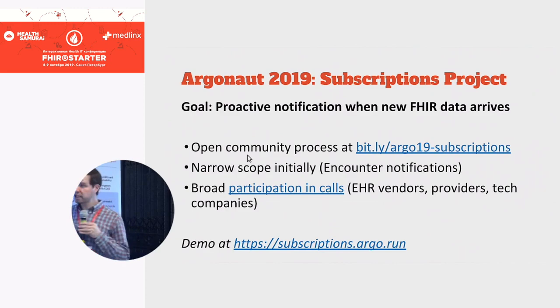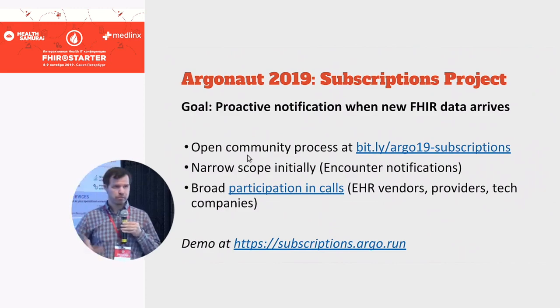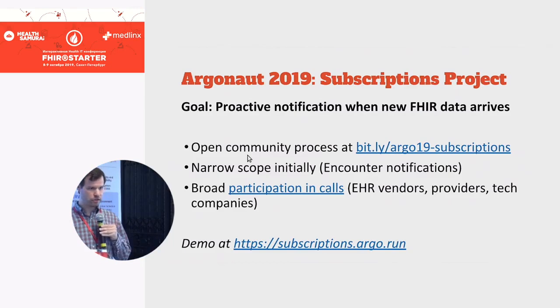This project includes participation from some of the major electronic health record vendors, so companies like Epic and Cerner, as well as some of the broad technology companies, so there's been participation from Apple and Microsoft.